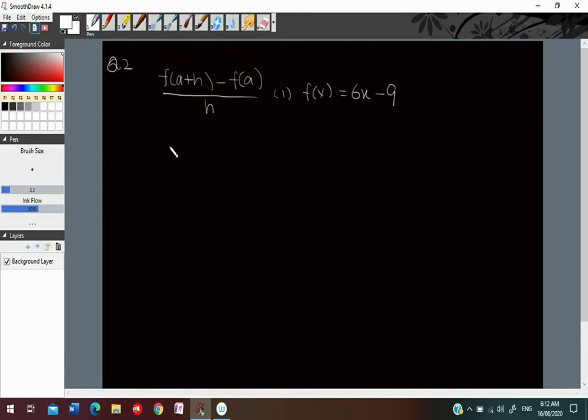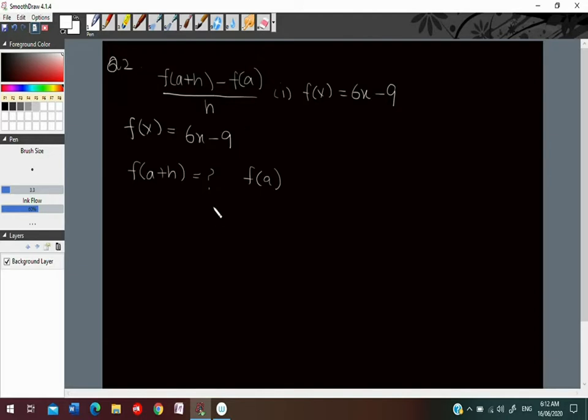First, the given function is f of x equals 6x minus 9, and we have to find the values for f of a plus h and f of a to solve this formula, right?